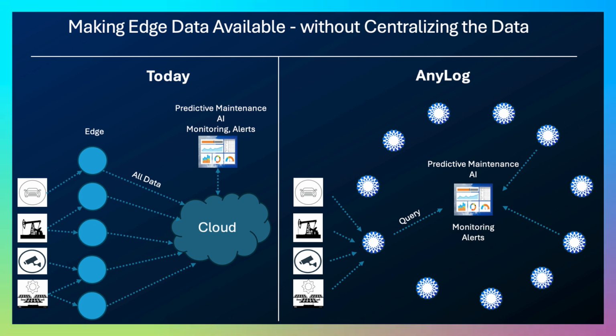Edgelake does this a bit differently. So very similar to where I've got these edge devices collecting data, instead of collecting every bit of that data and then pushing every bit of it to the cloud, what Edgelake does is that it leaves a portion of that data at each and every edge, so that when I'm querying that data, I'm actually not querying a cloud.